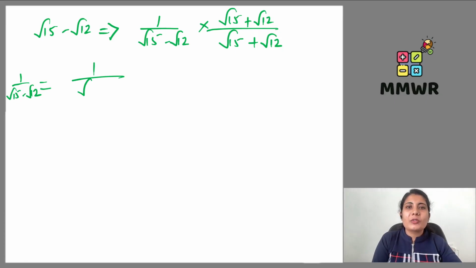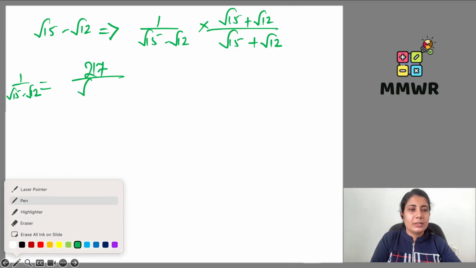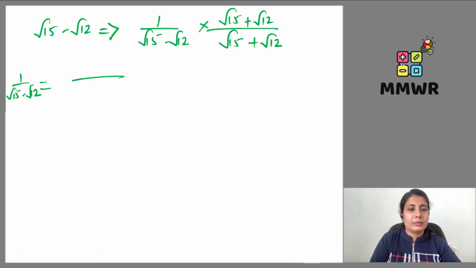Right? So this gives me root 15 plus root 12 gives me 27. So sorry. 27 plus 2 root 180. And the denominator is 3.